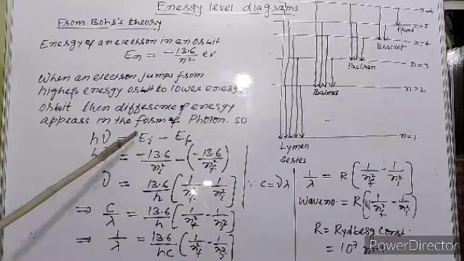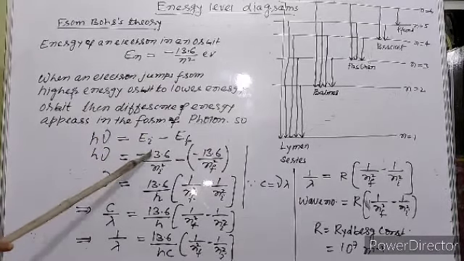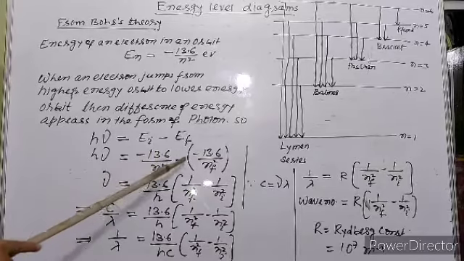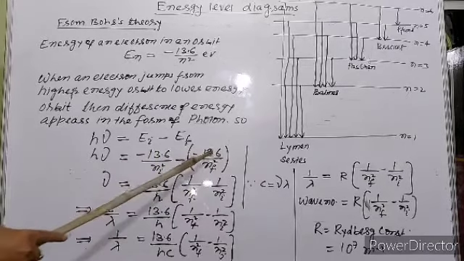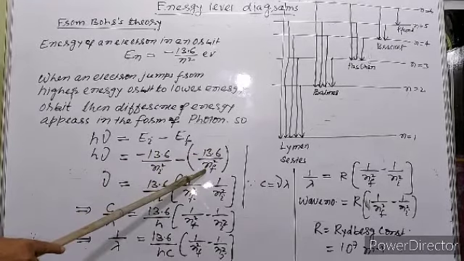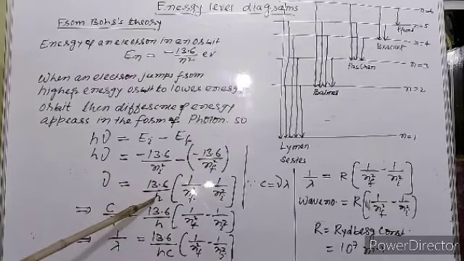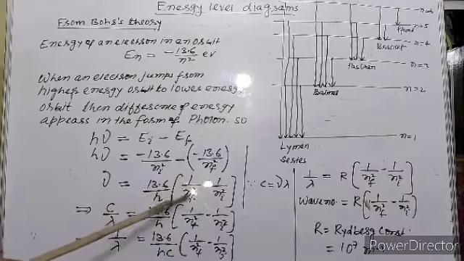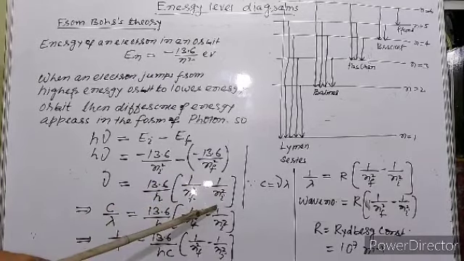h nu equals initial energy, minus 13.6 by Ni square, minus (minus 13.6 by Nf square). So 13.6 by h will be common, then 1 by Nf square minus 1 by Ni square.